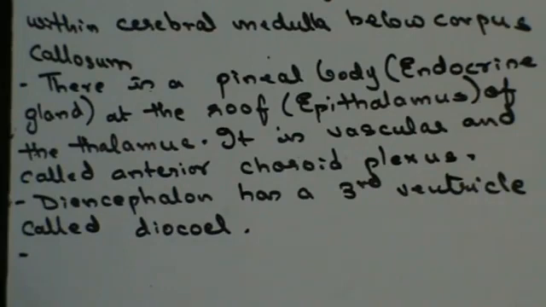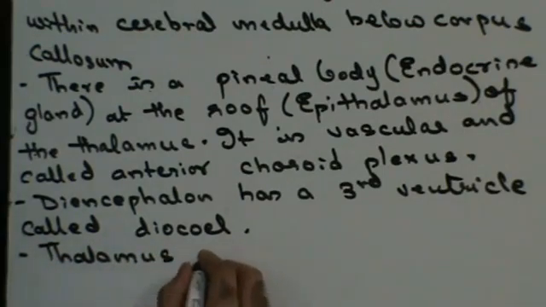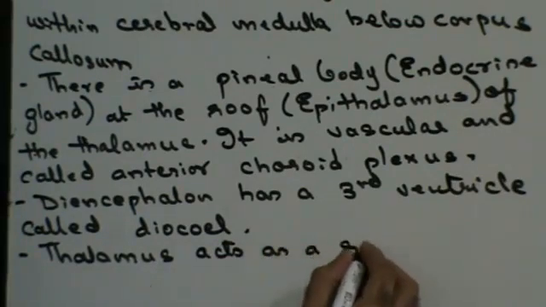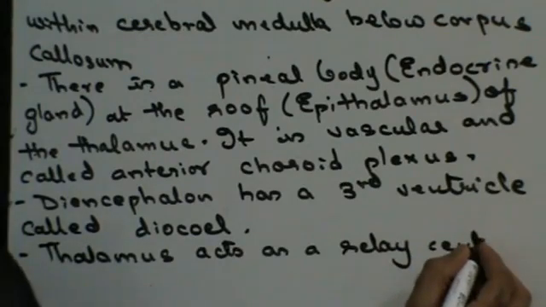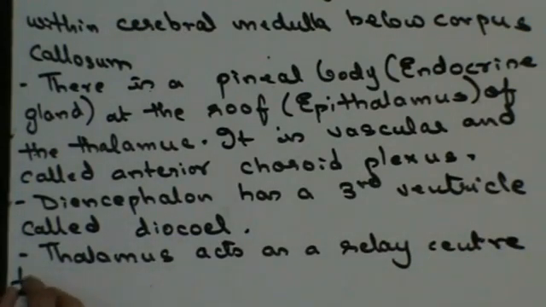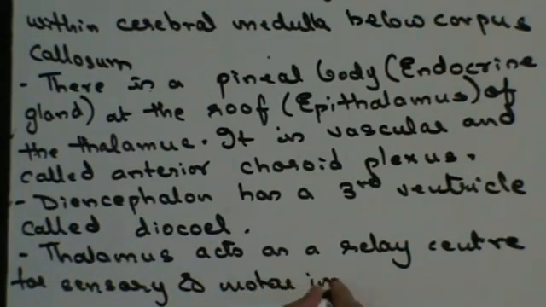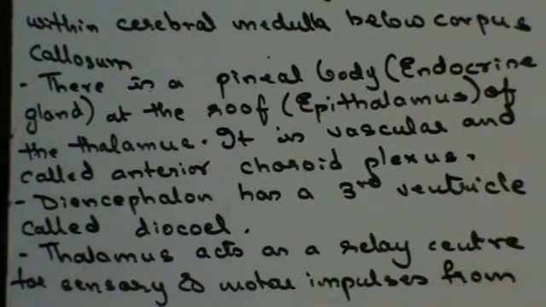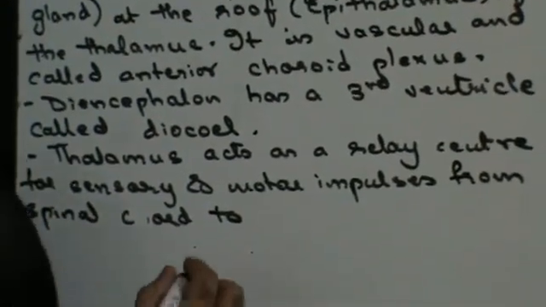I can say thalamus acts as a relay center for sensory and motor impulses, from spinal cord to cerebrum and vice versa.